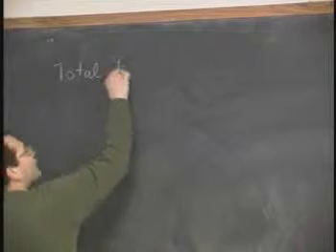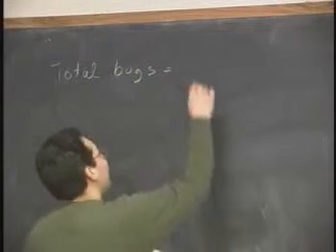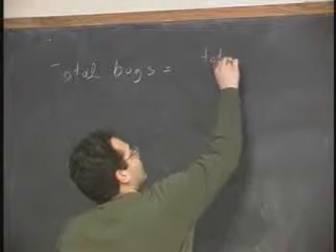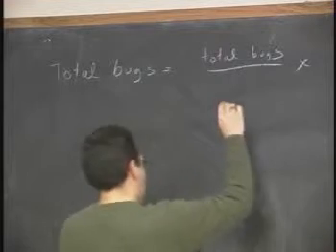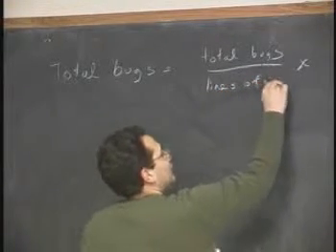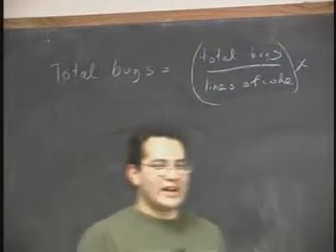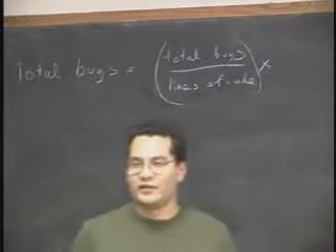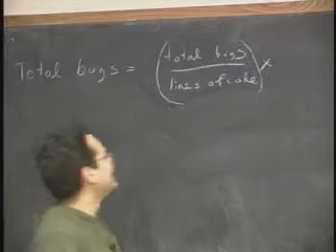So if you look at the total number of bugs, you can write that out as the total number of bugs per lines of code. This is really the rate at which bugs appear in the code. So maybe you hope it's not one bug per line. You hope it's a small number.